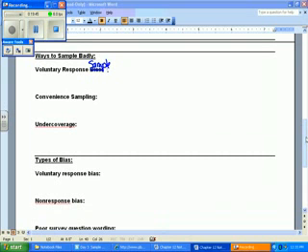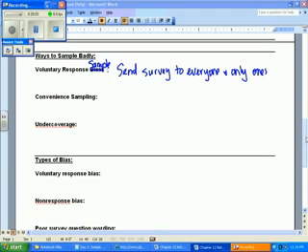All right, so here's some ways that could be bad. Voluntary response sample. This would be send a survey. Here's an example. Send a survey to everyone, and only the ones who took the time and the effort, who wanted to, responded.